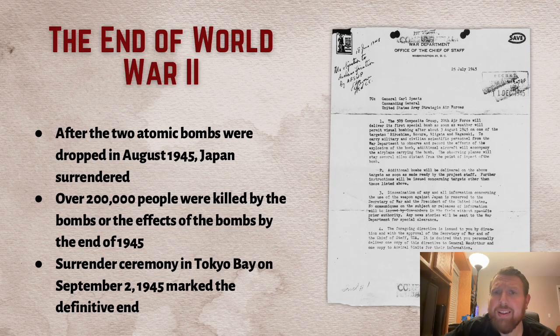These bombings not only caused massive destruction and loss of life, but also played a significant role in Japan's unconditional surrender on August 15, 1945. The surrender ceremony in Tokyo Bay on September 2nd, 1945, marked the definitive end of hostilities in World War II, leading to the Allied occupation of Japan and the restructuring of international order in the post-war era.